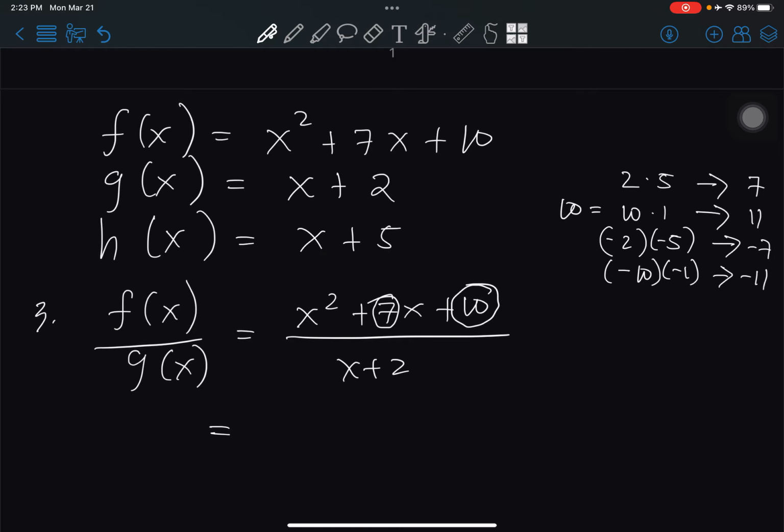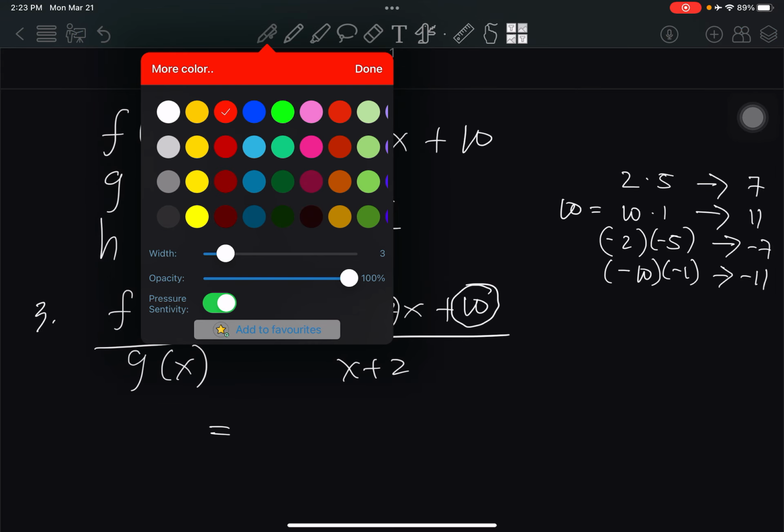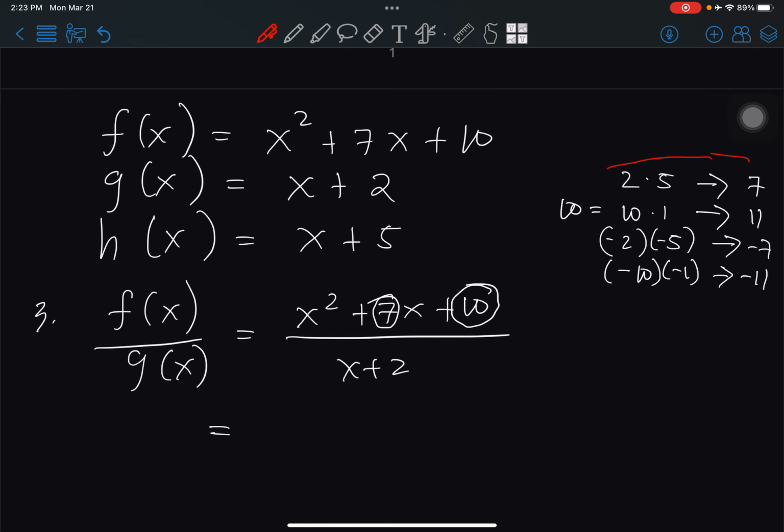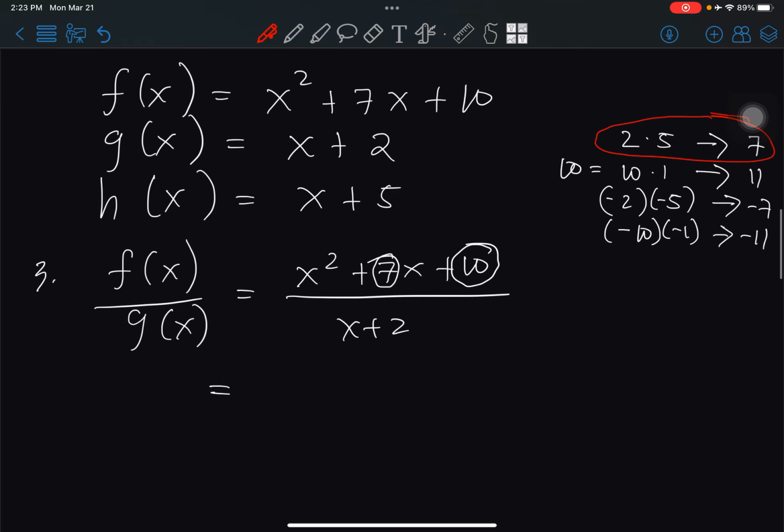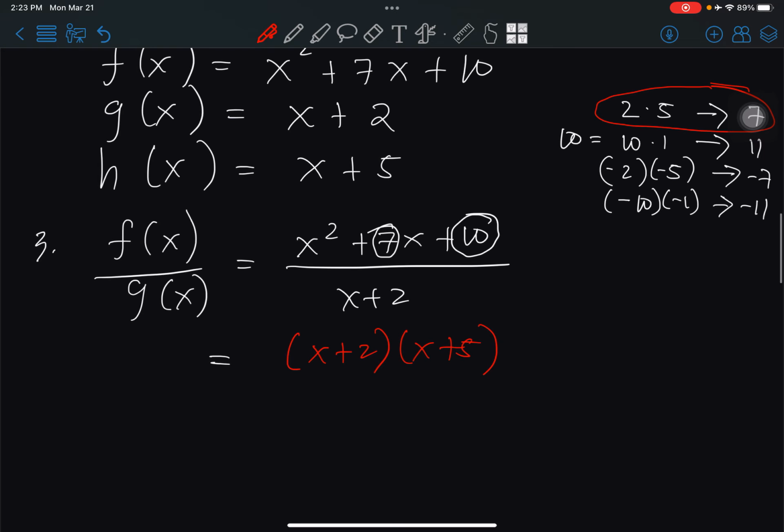So which among the 4 pairs of factors is going to give you a sum of 7? Eventually, we have here this one. Okay, so we have this value. Therefore, the factors now of x squared plus 7x plus 10, we have here x plus 2 and x plus 5. Okay, so x plus 2 and x plus 5 are the factors of x squared plus 7x plus 10, all over x plus 2. Okay, we can cancel out now.